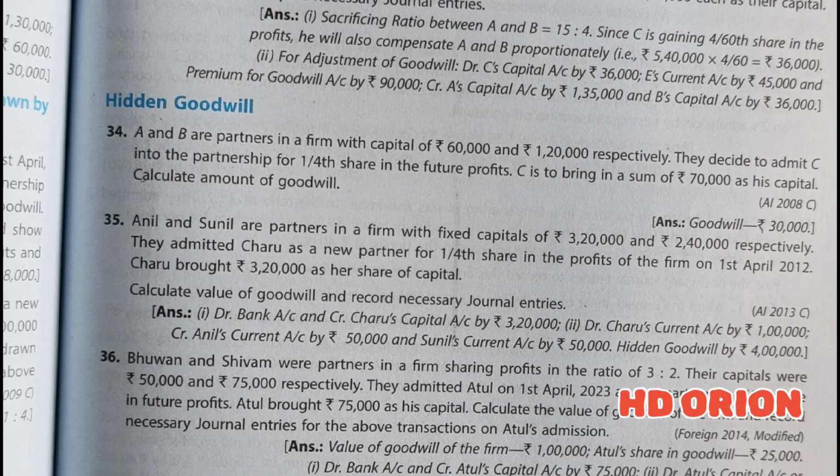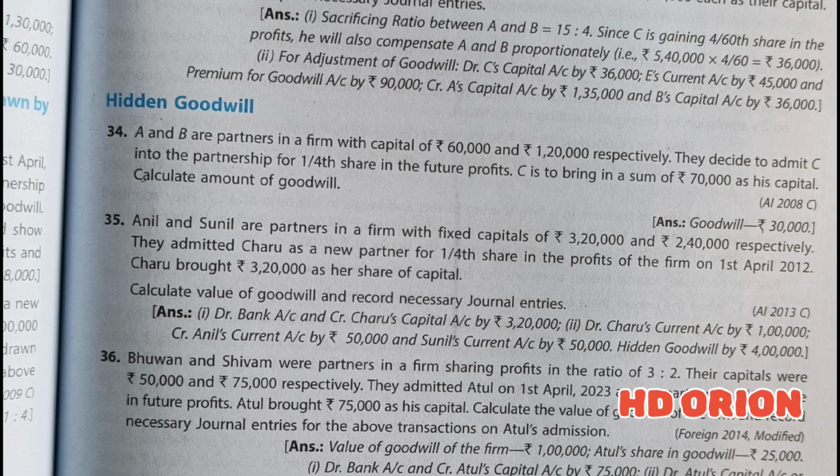So, what is goodwill? Goodwill is the reputation of the firm in the market, due to which the firm is getting more response from the customers. So, with less amount of capital also, when the firm is able to generate higher profits than the normal profits in the market, then it is a matter of goodwill.